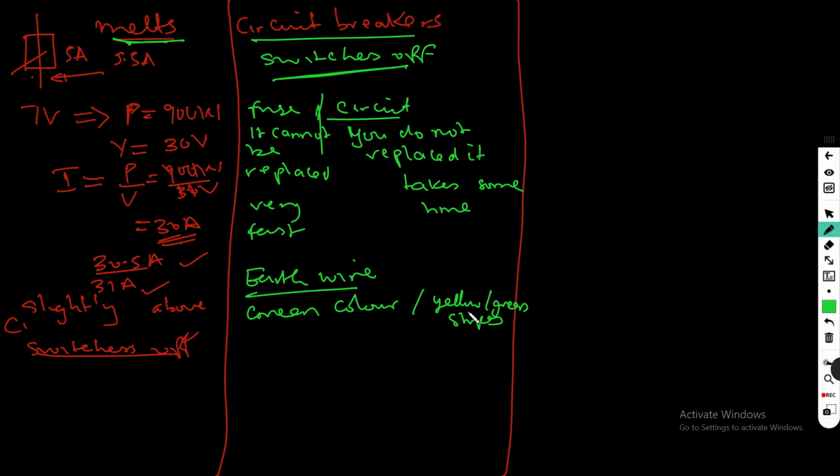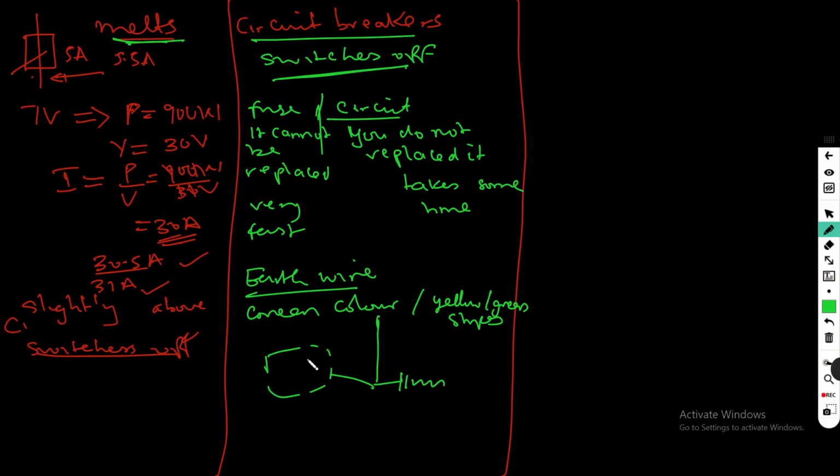It is used to protect the appliance, or to make sure you do not get shocked if a fault develops in the circuit. So it's always connected to the casing of the system, and then down to the earth.